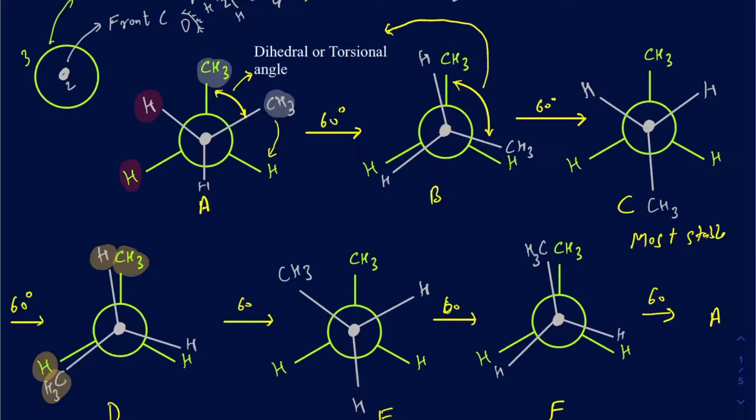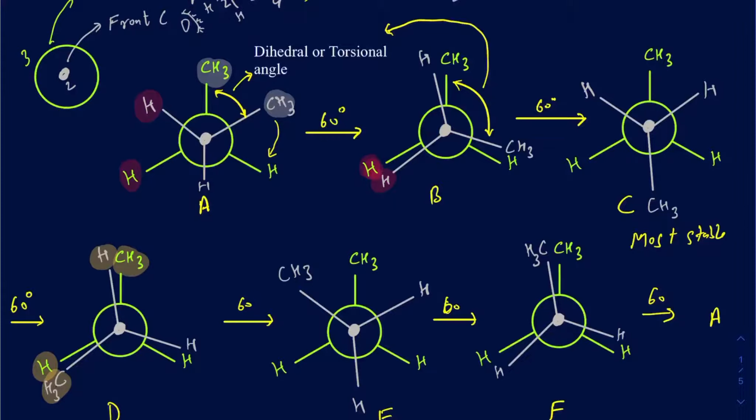Those two hydrogens, with respect to one another, have a torsional angle of 0, and as a result, they're going to have a lot of torsional strain. So those particular conformations are going to be your eclipsed conformations, whenever one bond of the front carbon is parallel to the bond of the back carbon.